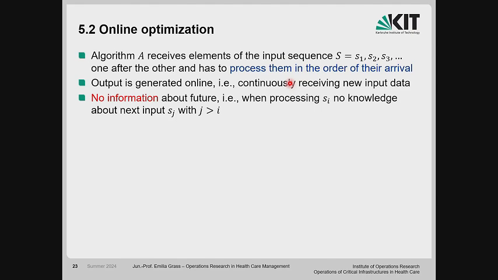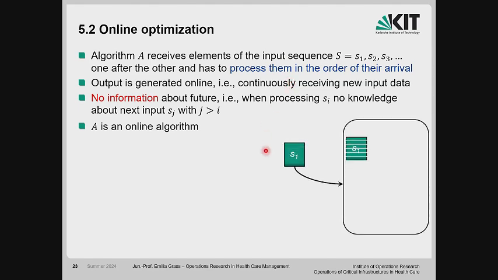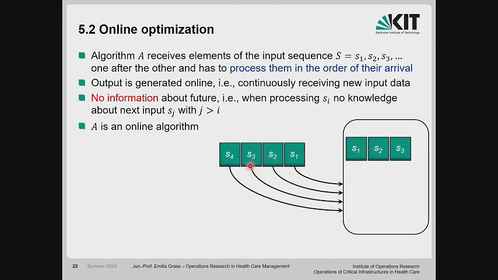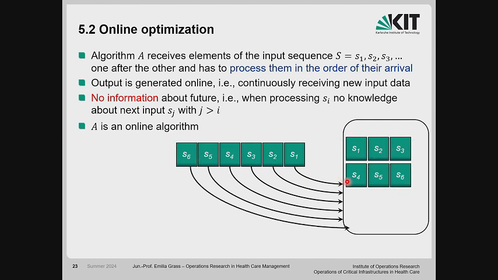This is an online algorithm, which means we get a request, we assign it. We get a second, we assign it. We get a third one, we assign it to the first operating room, and then the next one is assigned simply to the second operating room over here. So patients' requests are coming time by time.